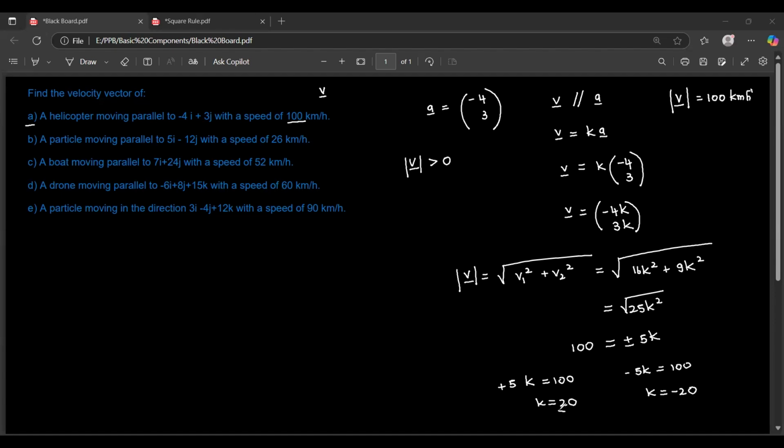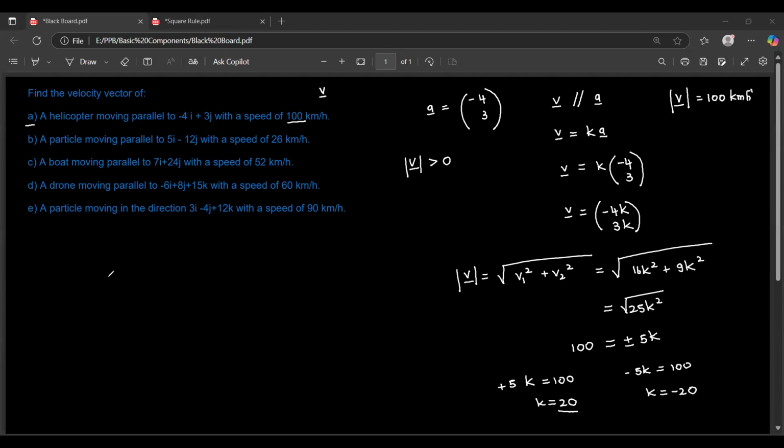If k is equal to 20, the absolute value of vector v will be 100. If k is equal to minus 20 also, the absolute value of vector v will be 100. So it doesn't affect the absolute value. Therefore, I can say there are two possible velocity vectors for this helicopter.